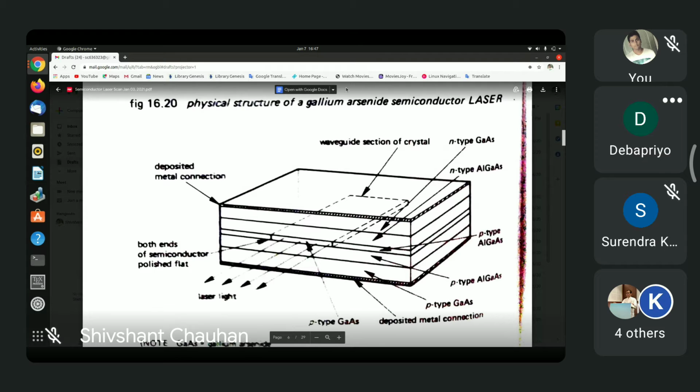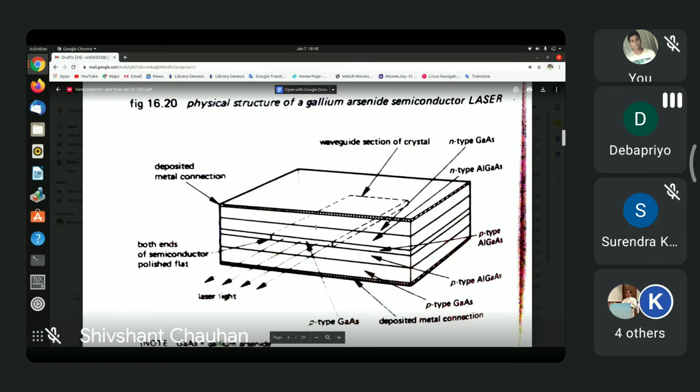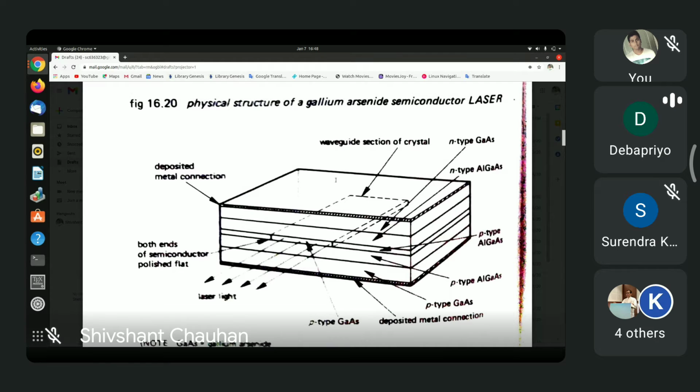arsenide. So if you look carefully, you will see that in the middle you have something like a cell phone type thing, a thin rectangular box, and that is the waveguide section of the crystal. It is in this that all the lasing action takes place.